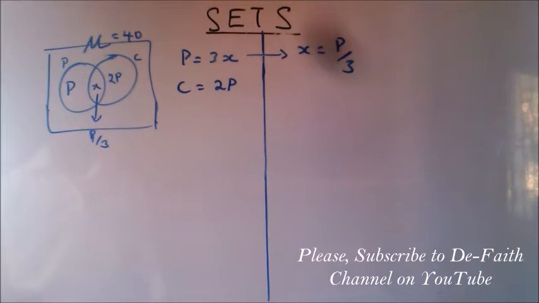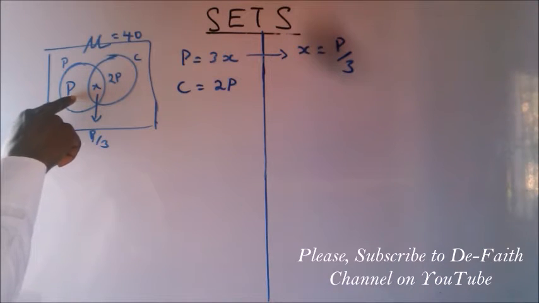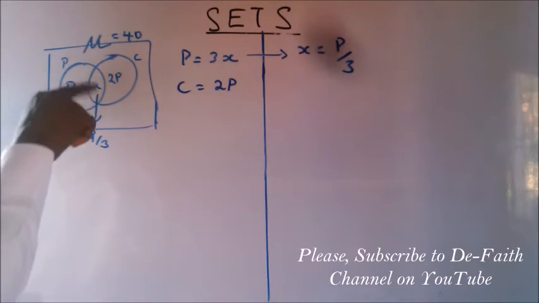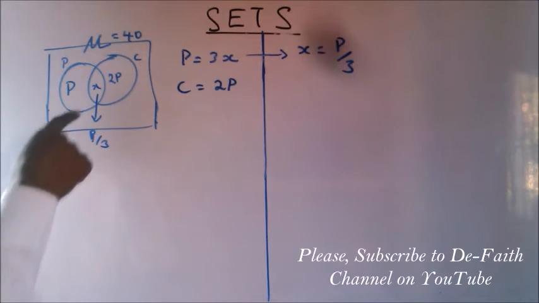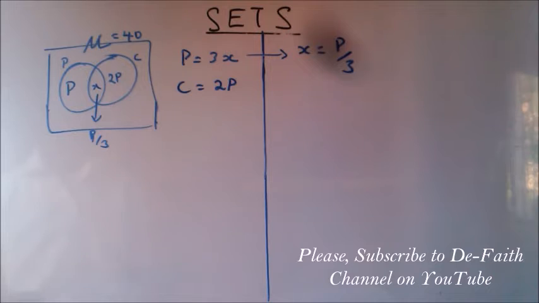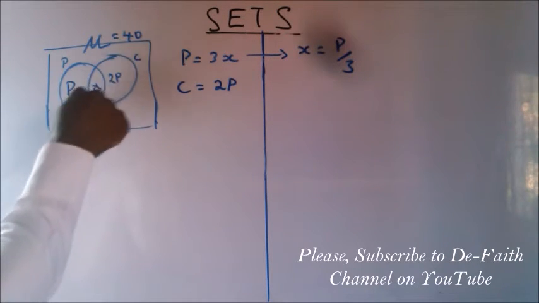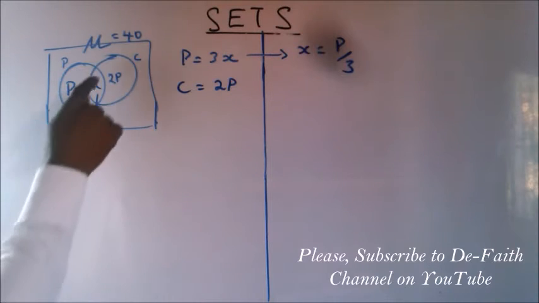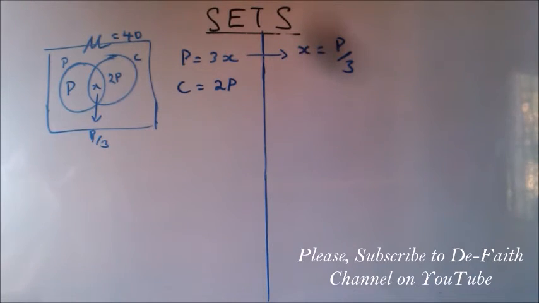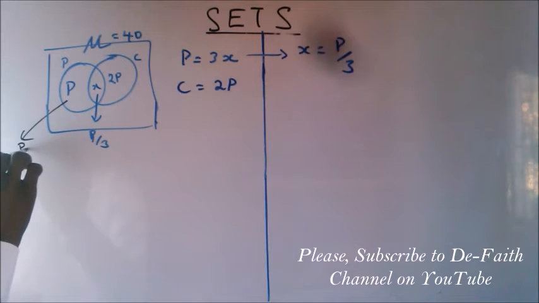Now, we need to also take note that the P that we have here is for all of those that offer physics. Meaning there are some that offer only physics, which we have not captured. And then this 2P is for those that offer chemistry. And so we need to know those that offer only chemistry. And that can be done by saying that P minus P over 3.